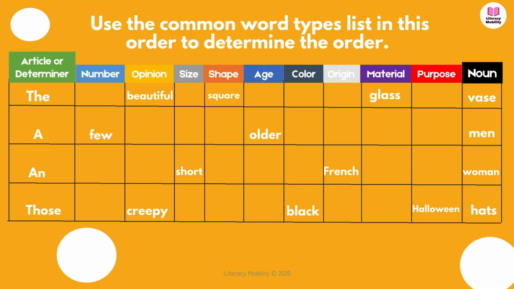Next, size, something like short, tall. Next, shape, something like square. Age, like older. Colors, such as black. Origin, maybe French. Material, such as glass. Purpose, such as Halloween. And then, of course, you would have your noun.